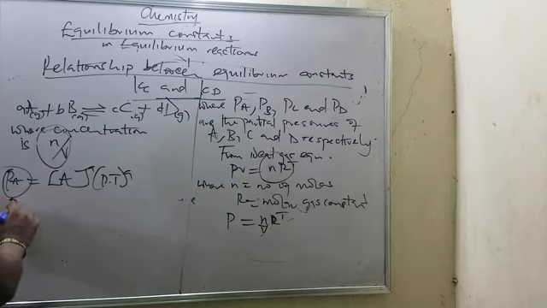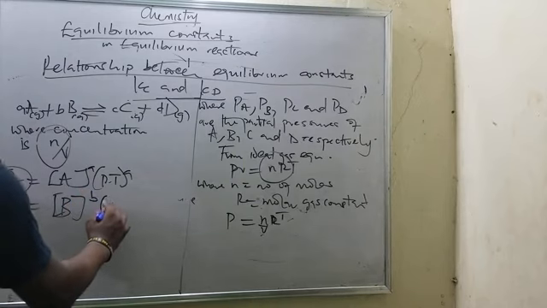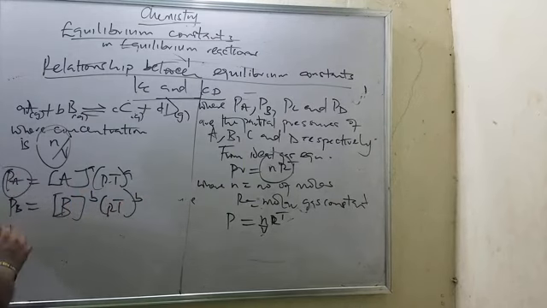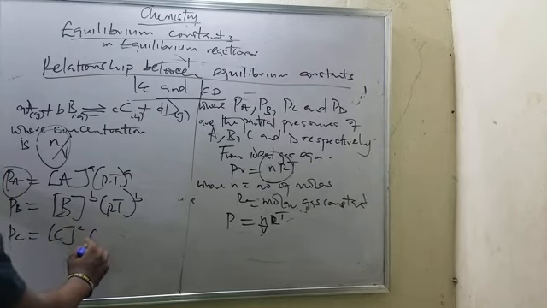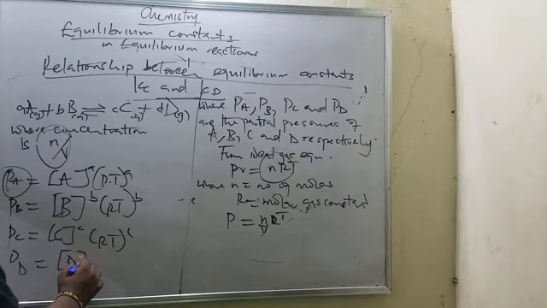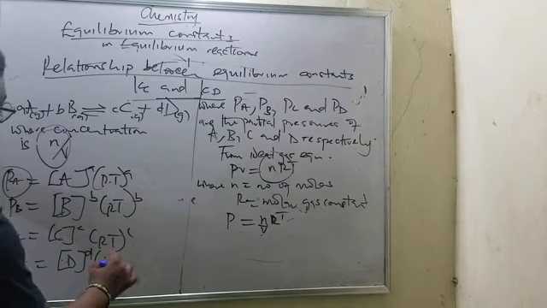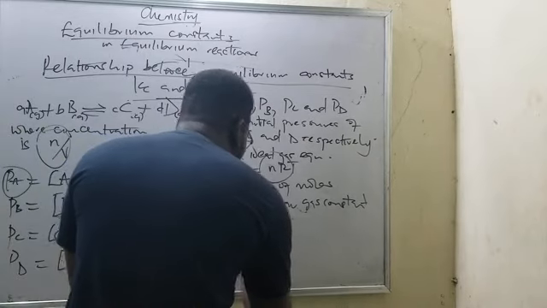Then for PB, we are having B, RT B. Then for PC, we have concentration of C, RT C. Then for PD, we have D, RT D.